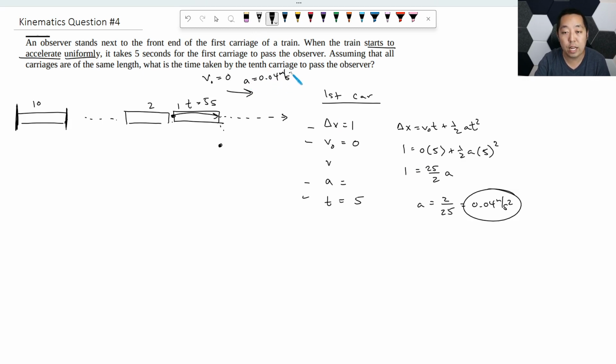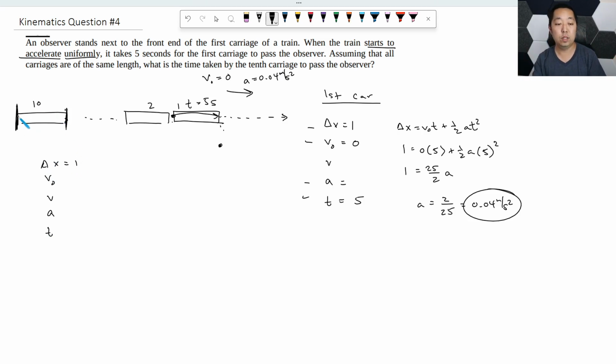Okay, so now we need to know something about this motion. Let's look at this motion from here to here. Let's imagine the cars traveled, and we want to know from here to here how long that takes. Let's think about what we know. We know the displacement is 1 meter, because that's the motion from here to here.